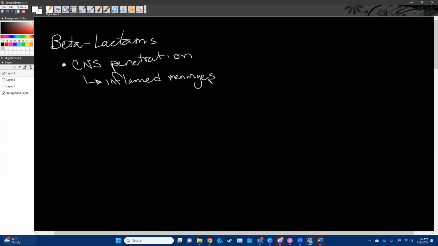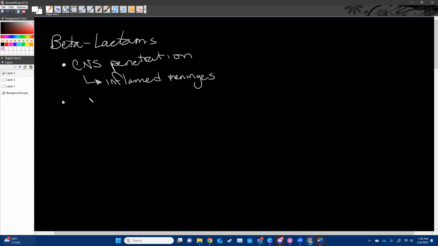What condition is an infection in which we have inflamed meninges? Meningitis, exactly. Meningitis is just an infection of the meninges. You can have lots and lots of different bacteria that cause it. But if you do have meningitis, beta lactams are able to get into the CNS.